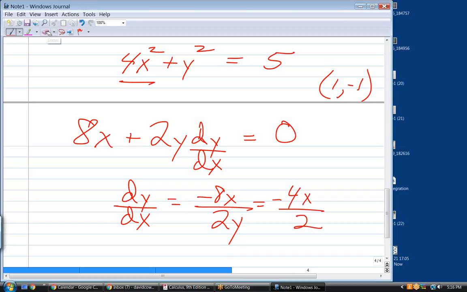Whoops, meant to write y. So that's the slope of the tangent line. In other words, dy dx is equal to minus 4x over y. Now we just plug in the point. So what is it at the point (1, minus 1)? Positive 4. Correct. That's the slope of the tangent line.